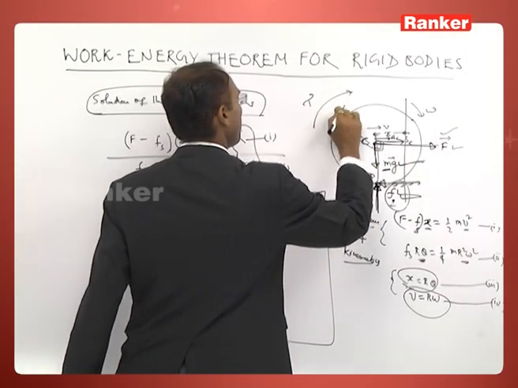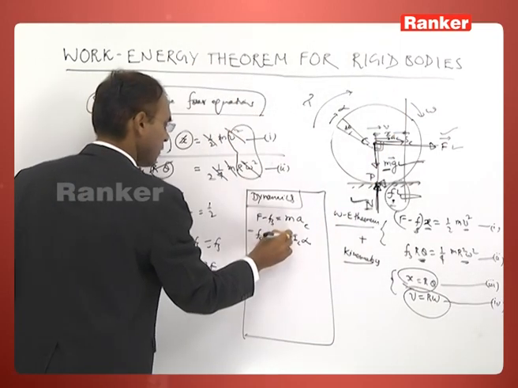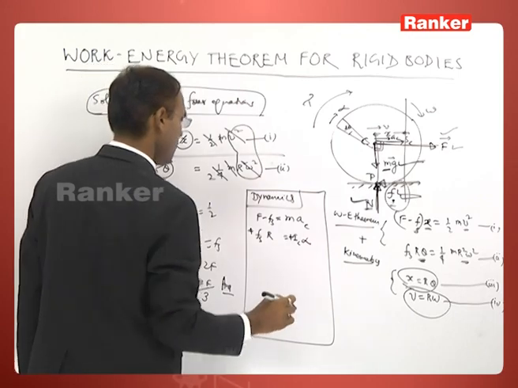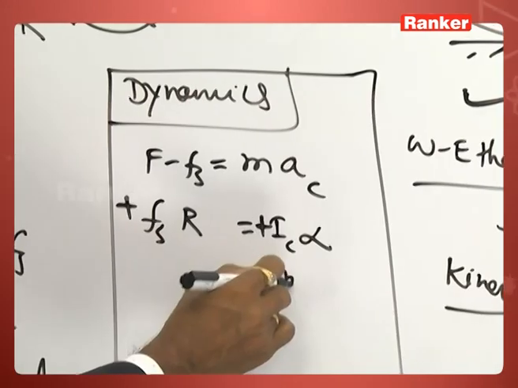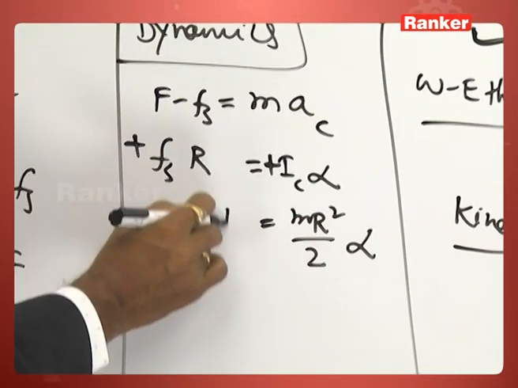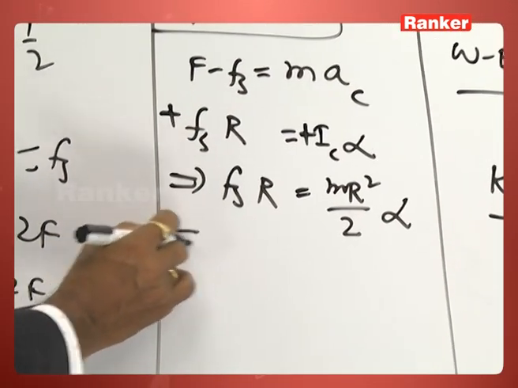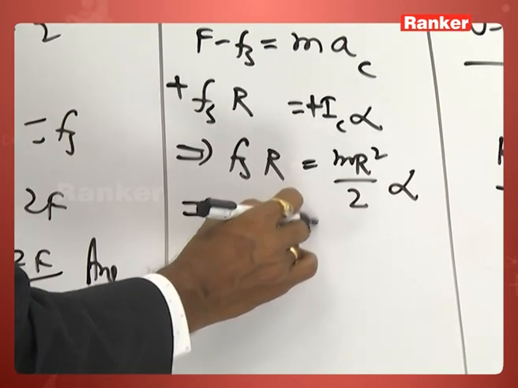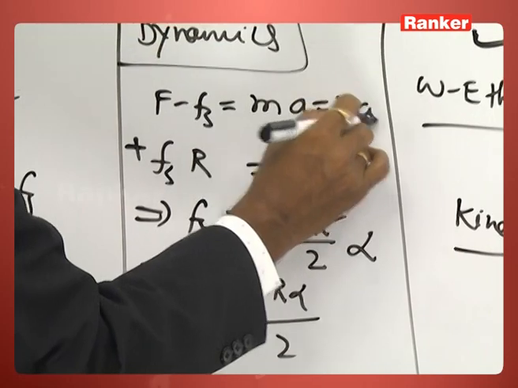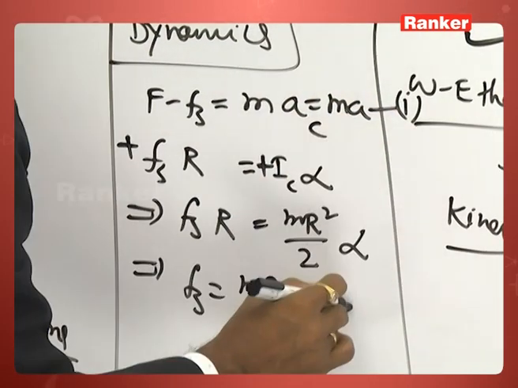If you take alpha clockwise, the signs will cancel. And IC is equal to m r square by 2, so Fs into R equals m r square by 2 into alpha, and you are getting Fs is equal to m r alpha by 2, and this is ma. This is equation 1, this is equation 2.